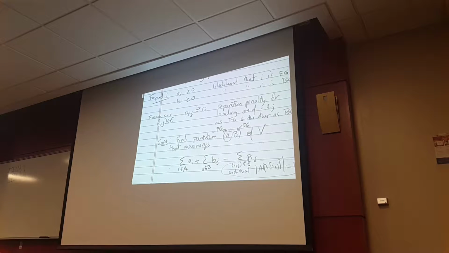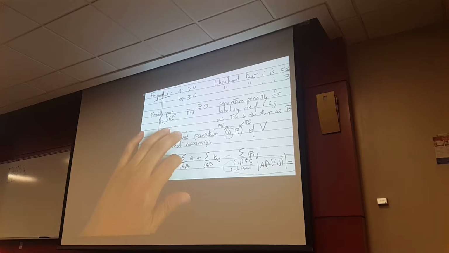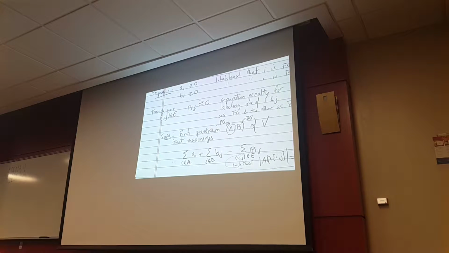Let me first point out a couple of things. First of all, I have a cut problem in the sense that I'm separating A from B, and I am penalizing edges that go across the cut. These numbers are kind of like penalties.